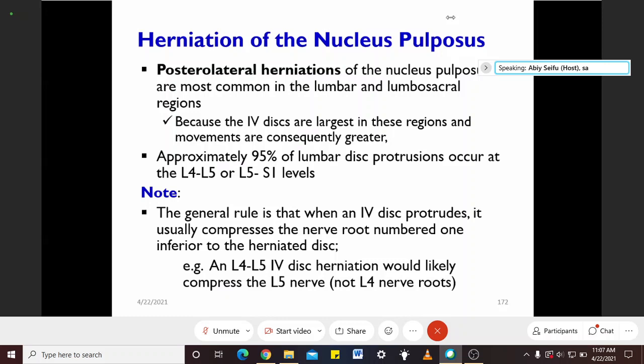It has a chance to protrude most of the time, because the intervertebral discs are larger in this area, and when it protrudes, it applies pressure on the inferior spinal nerve.